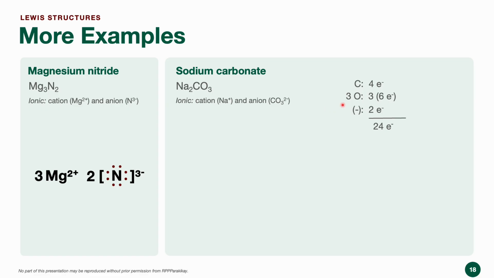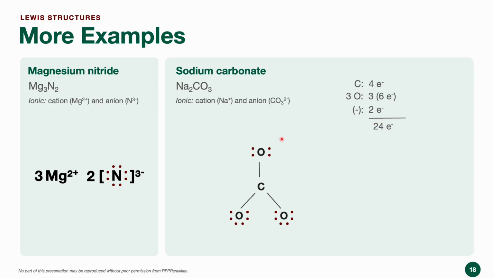Drawing the skeleton structure of carbonate, it's just carbon as the central atom, and then let's place a single bond for each carbon-oxygen, and then distribute the remaining electrons as lone pairs on the oxygens. Doing that, this is our resulting structure.